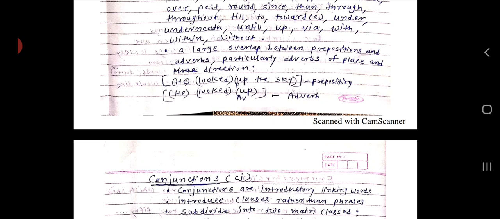Then come conjunctions. Conjunctions are introductory linking words. But they often introduce clauses rather than phrases. In fact, they subdivide into two main classes: subordinating conjunctions and coordinating conjunctions. Again, we have a list.